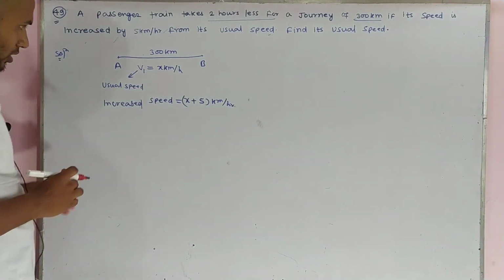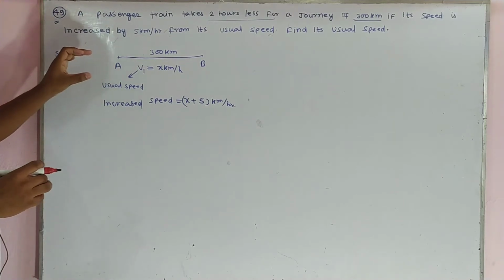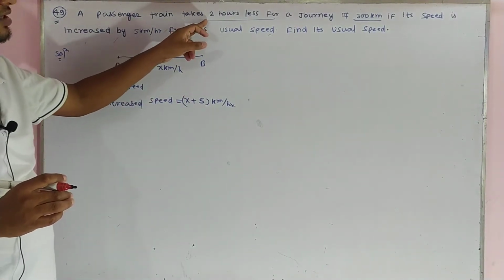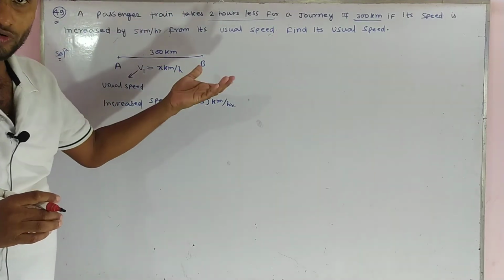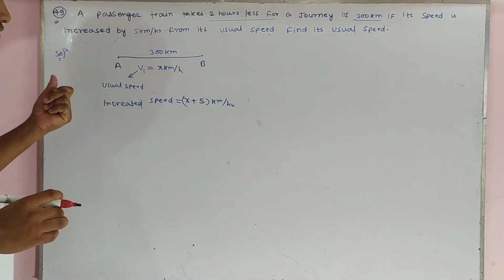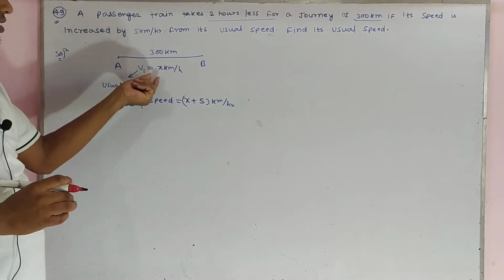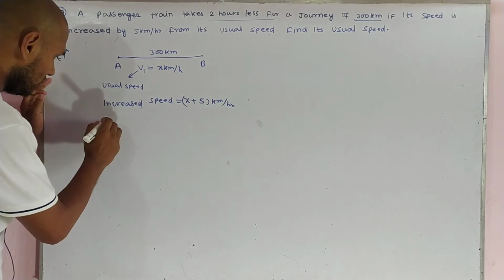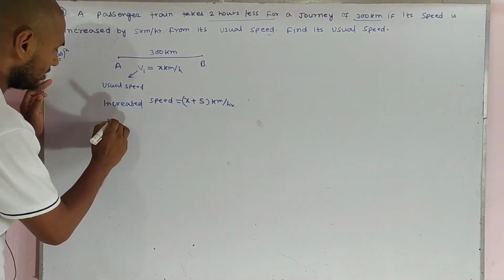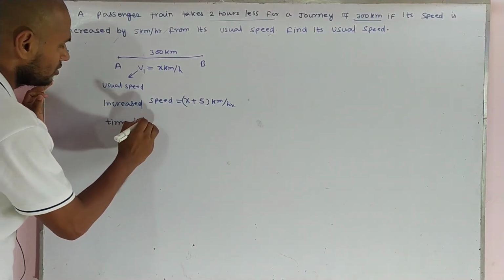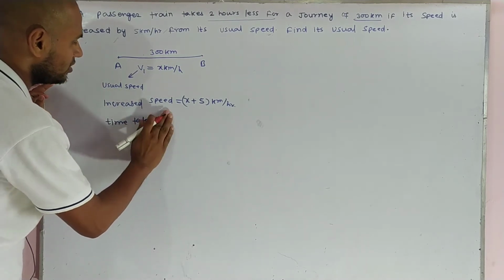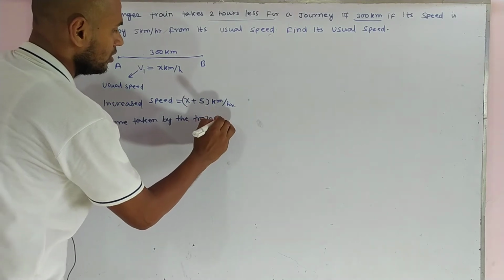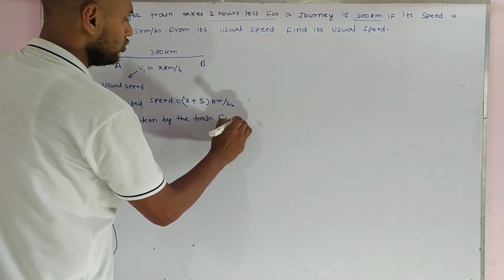We know that the time taken by the train after increasing the speed is 2 hours less than its usual time. So we find the time taken by the train for the usual speed.